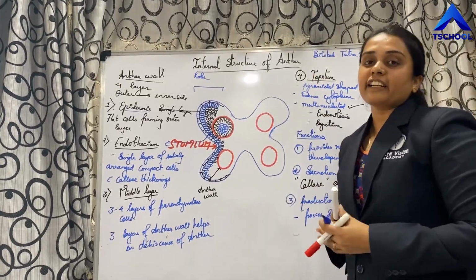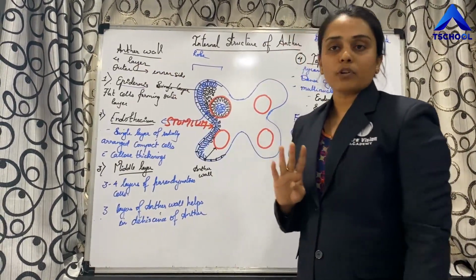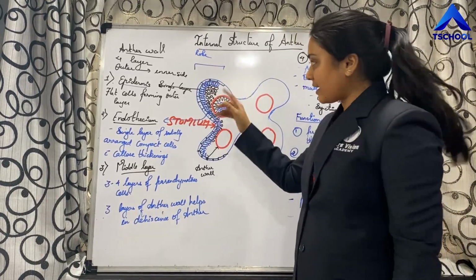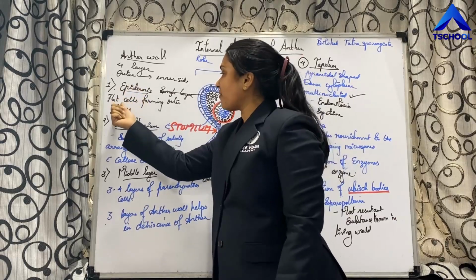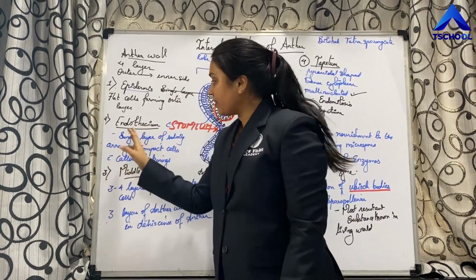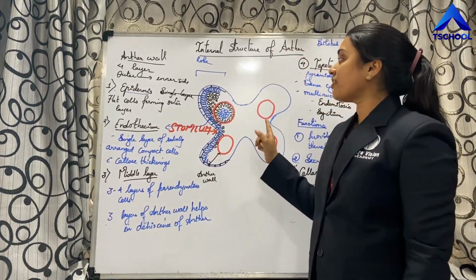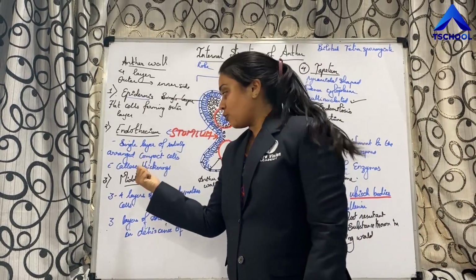So that is about the internal structure of the anther. The anther wall is made up of 4 layers from outside to inside. Which are those 4 layers? The outermost layer is epidermis, which is made up of a single layer of flat cells. Inner to it is endothecium, which is again a single layer of radially arranged compact cells, glued together by callose thickenings.